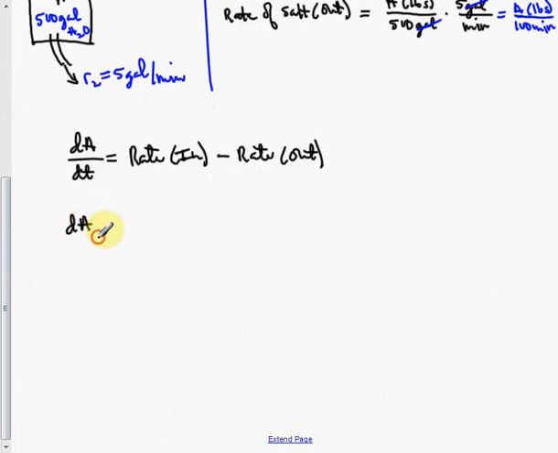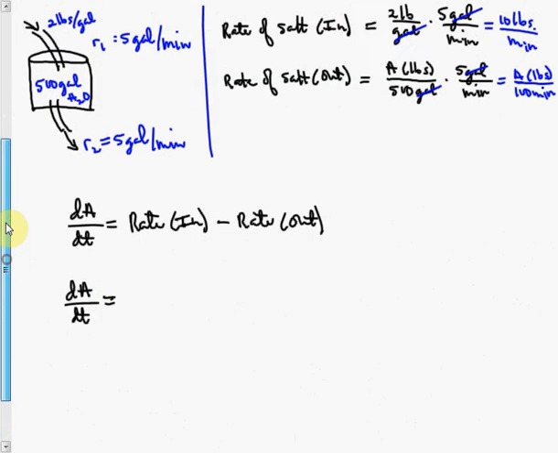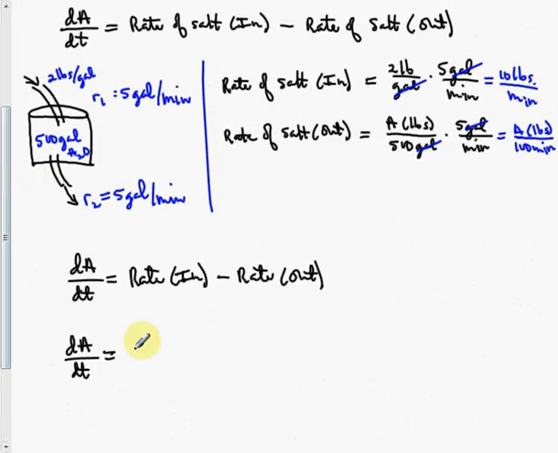This dA over dt is equal to that rate that's in, that's 10 pounds per minute, minus the rate that's out, which is the amount A in pounds all over 100 minutes.